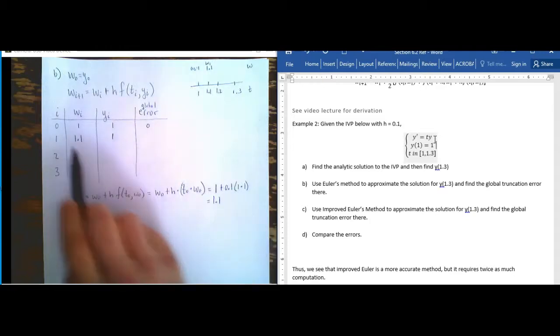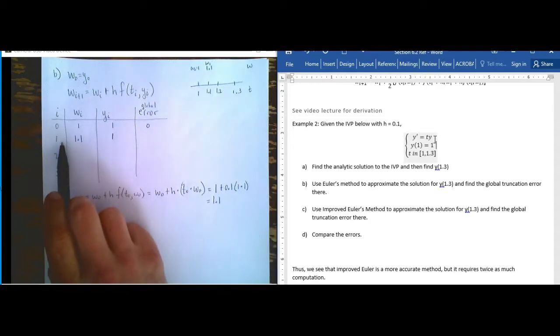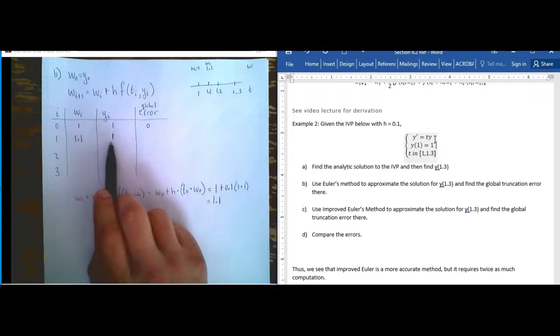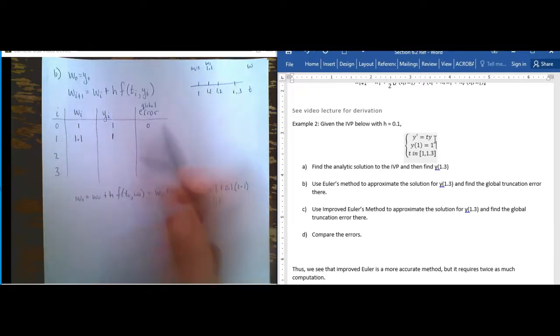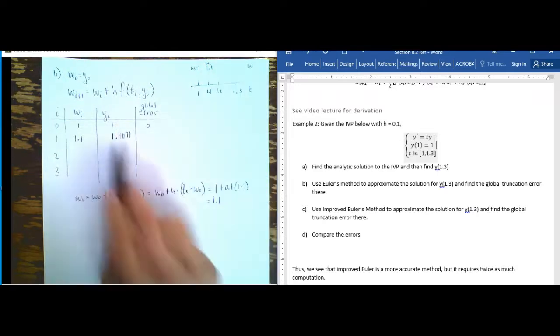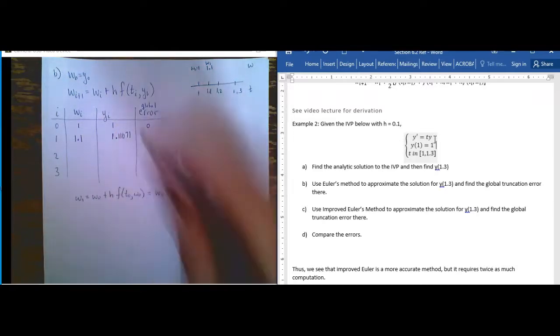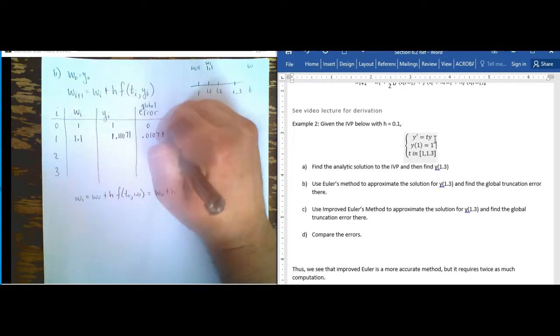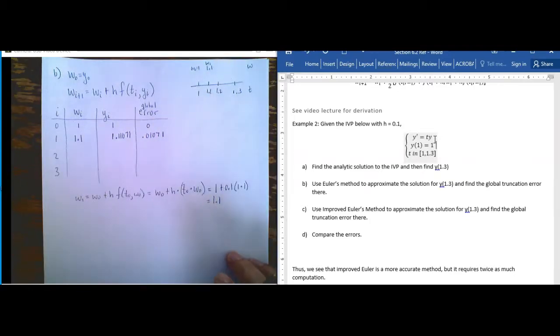So that would be t1. I'm getting 1.11071. So we just round to that many decimal places. So it looks like our global error is that.